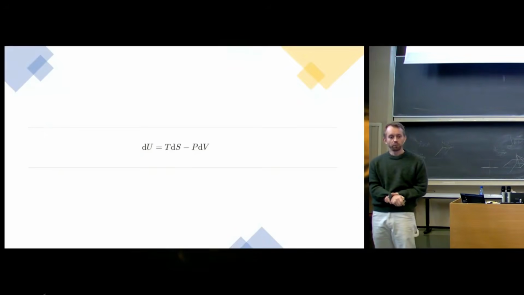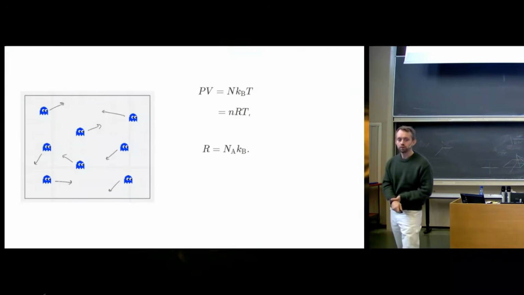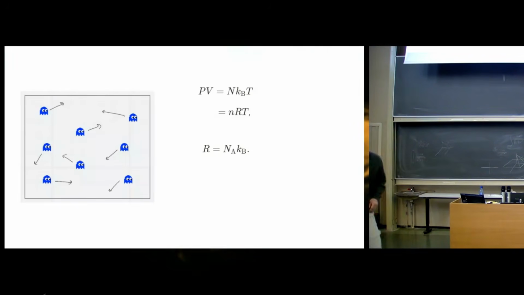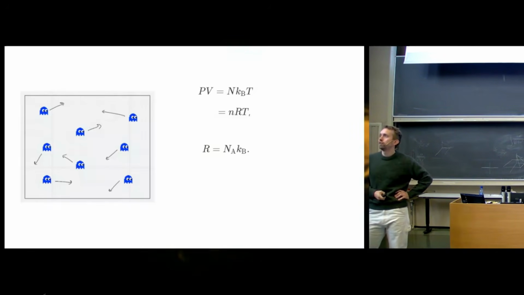Okay, so properties of gases. You know this one. PV is equal to NkT if you're a physicist, nRT if you're a chemist, where P is the pressure, V is the volume. The condition for this equation to apply, this is the ideal gas law, is that the gas is ideal.